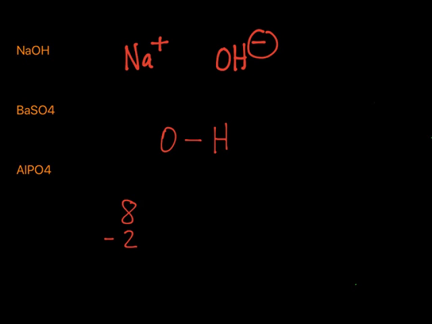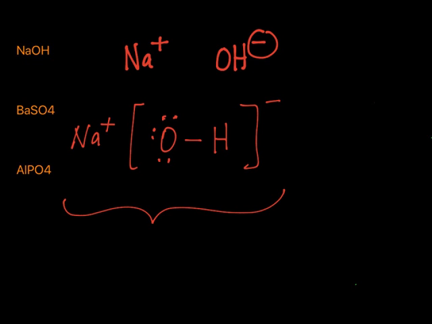We used up 2 because of the bond between oxygen and hydrogen, so we have 6 left. We're going to add all 6 to the oxygen because hydrogen cannot have more than 2 electrons around it. At this point we are finished, because this is your hydroxide Lewis structure. That negative charge came from the sodium, so here is our sodium. That is the electron dot structure of sodium hydroxide.